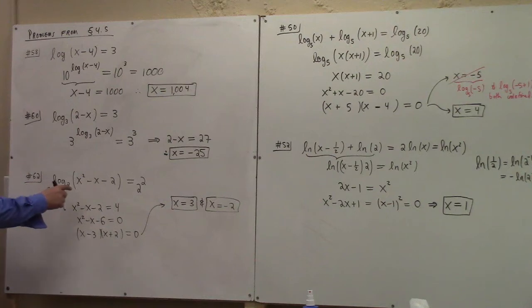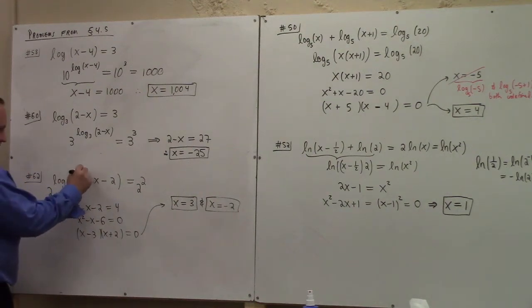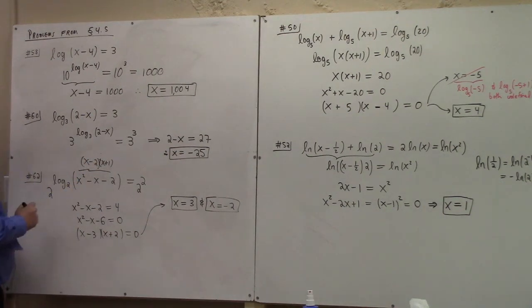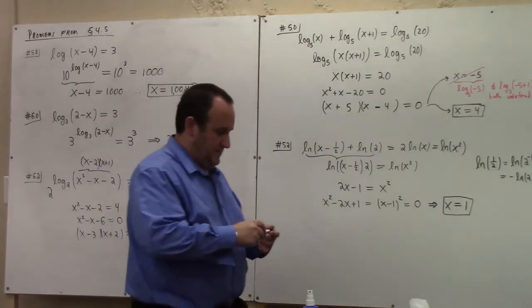Can you factor this original one? I mean, this is what? This is x minus 2 times x plus 1, right? So in principle, you could look at a corresponding equation, right?